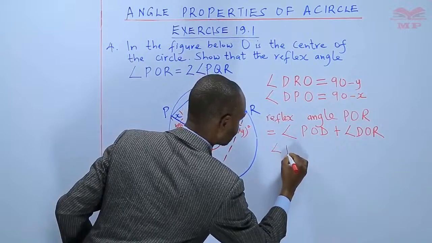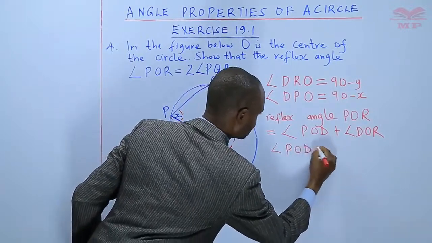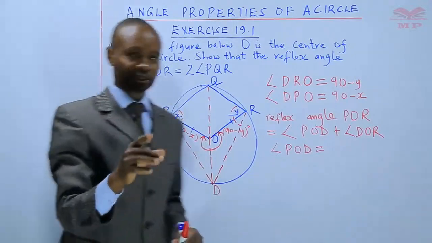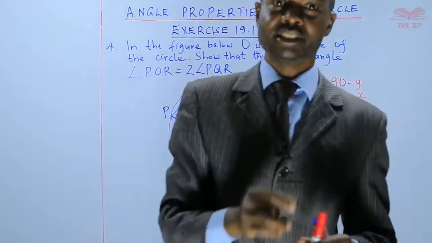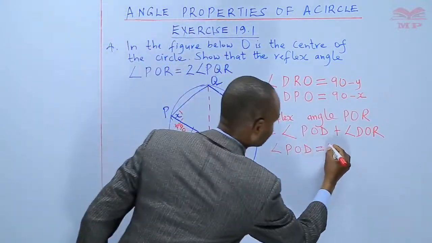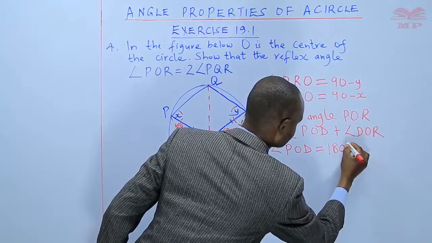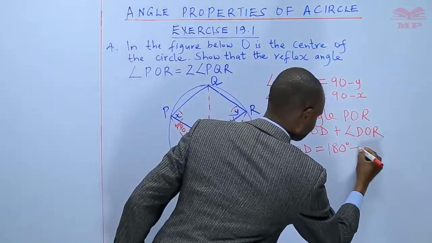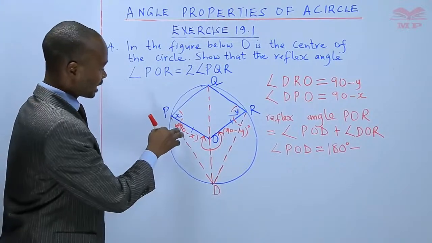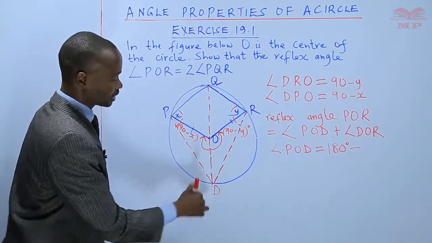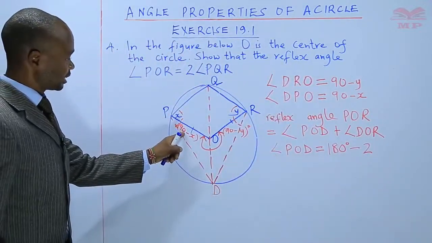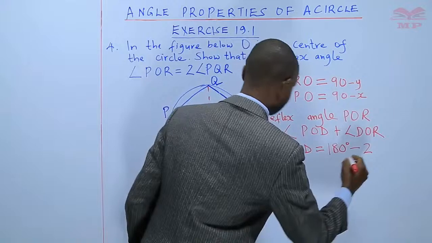POD is equal to the sum of angles in a triangle, which is 180 degrees. So I'll take that sum, 180 degrees, and subtract the other pair, which is equal. So it will be this angle plus that angle, which is simply twice 90 minus x.